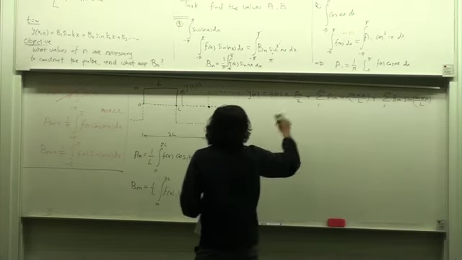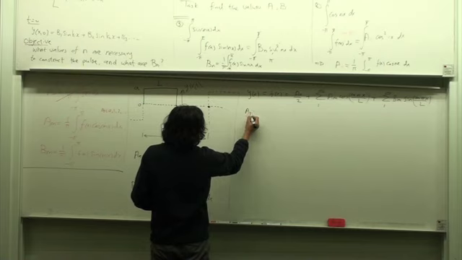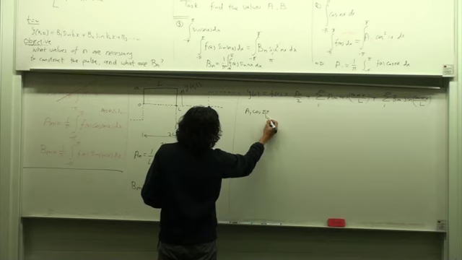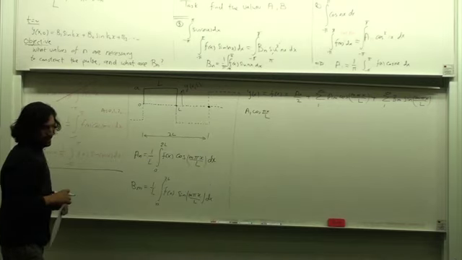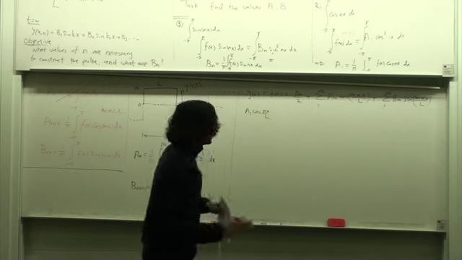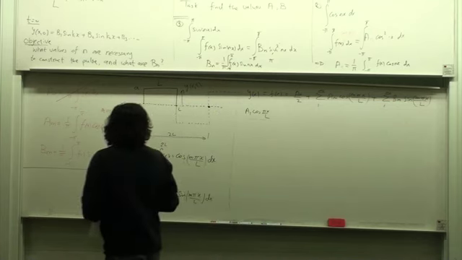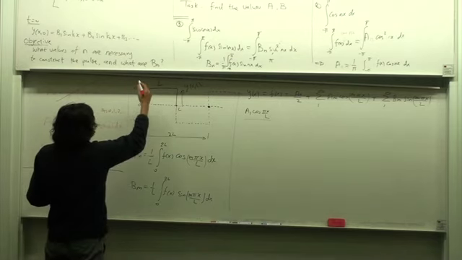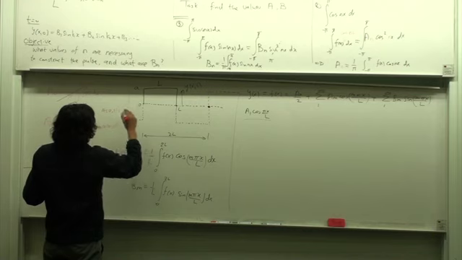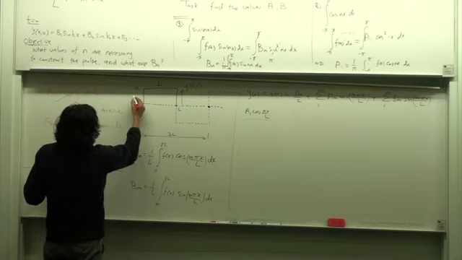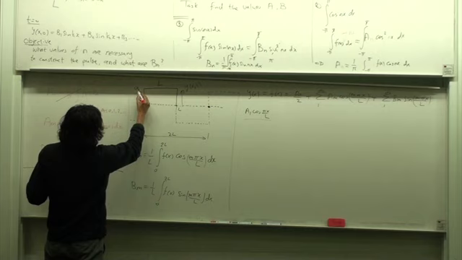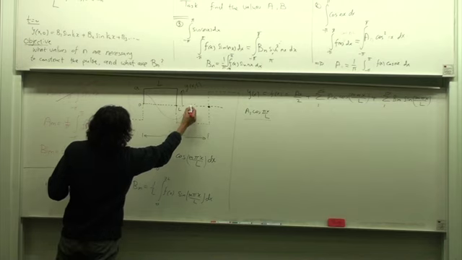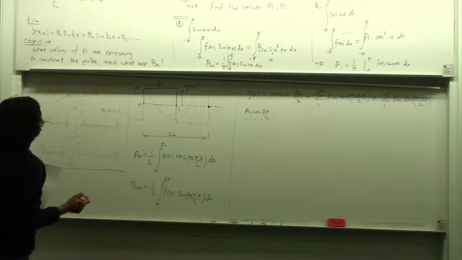So let's take first a1. a1 cosine pi x over L. Let's see if it makes sense to use this term here. a1 would be somewhere here, the amplitude. We don't know the amplitude yet, but it's a cosine function, so it should look something like this. It comes from here, goes there, and it goes like that.